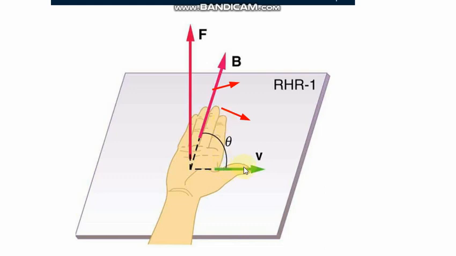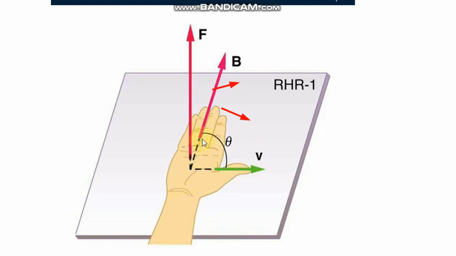The thumb should make an angle of 90 degrees with the fingers, so it is fully stretched at right angles, and then we will stretch it in such a way that it points in the direction of V, that is the direction of motion of the charged particles.